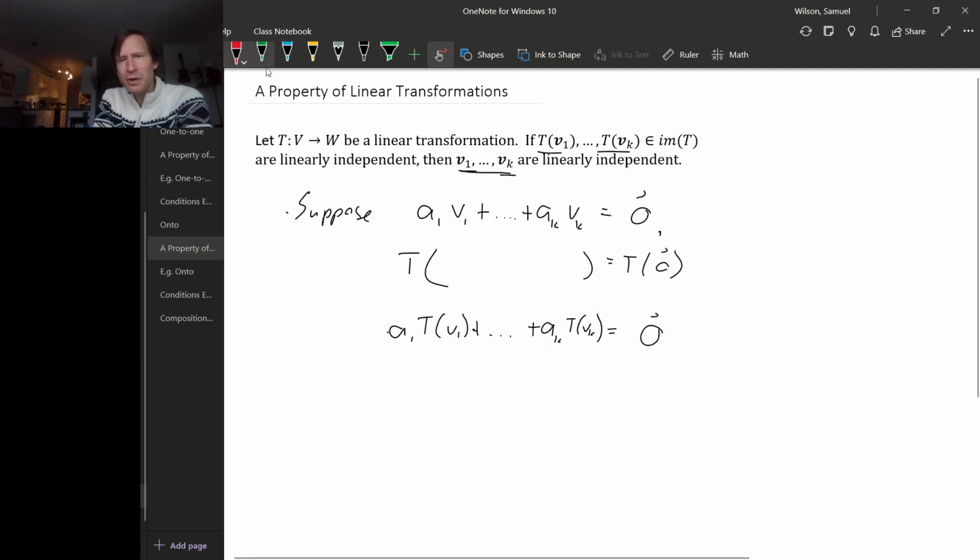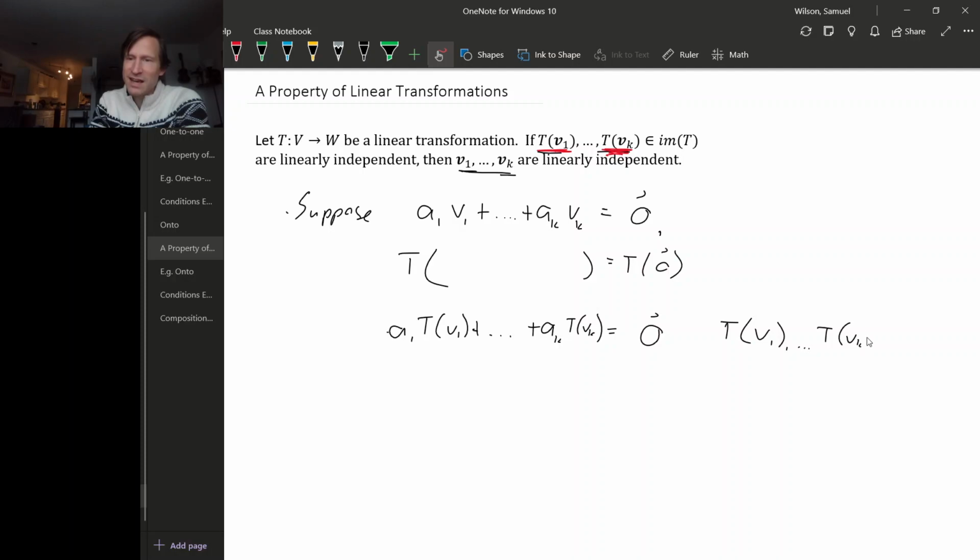But remember, we were assuming that T of v1 up through T of vk are linearly independent. And here we have a linear dependence relationship among them, but that must mean that this is the trivial linear dependence relationship. So a1 is equal to 0 and so on down to ak equal to 0.